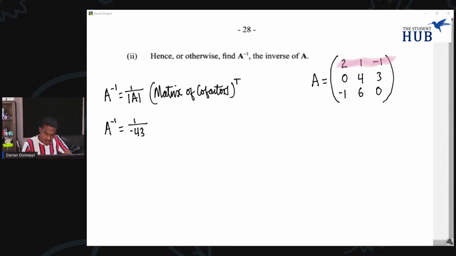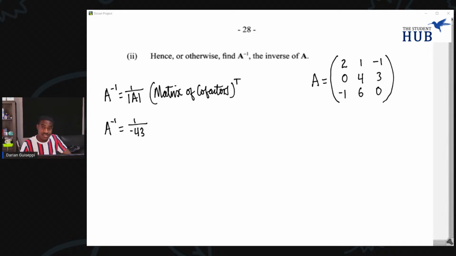And we need to do that for every element. Cover up your 1. This will be in your matrix here: 0, -1, 3, and 0. That would be the cofactor for your 1 here, and that is what you would plug in there, right?